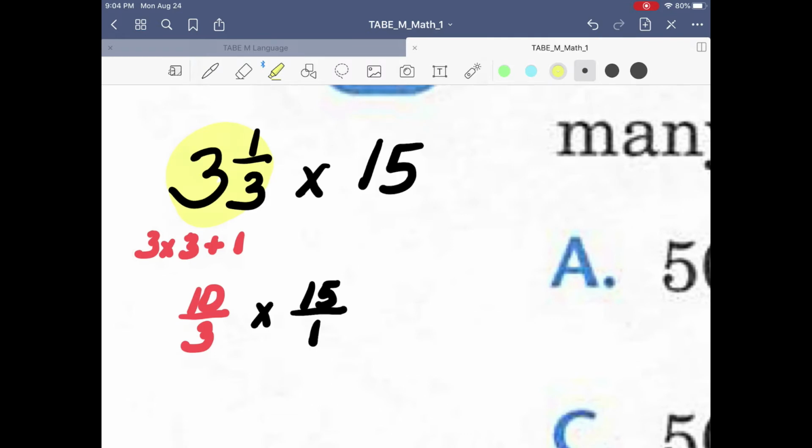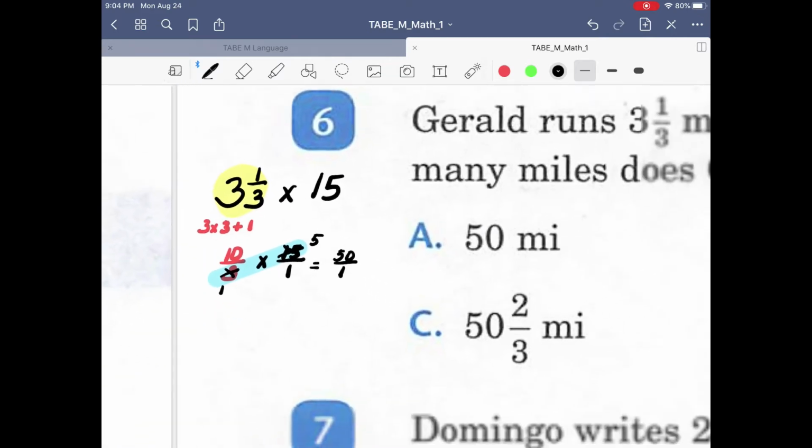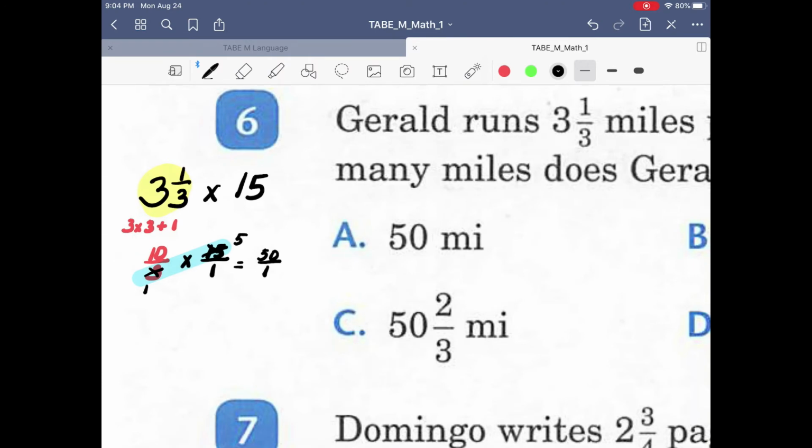And you can cancel one direction right there. 3 into 3 is 1. 3 into 15 is 5. So 50 over 1. I'm looking for 50 miles. That's a lot of miles to run in 2 weeks, or a little bit more than 2 weeks.